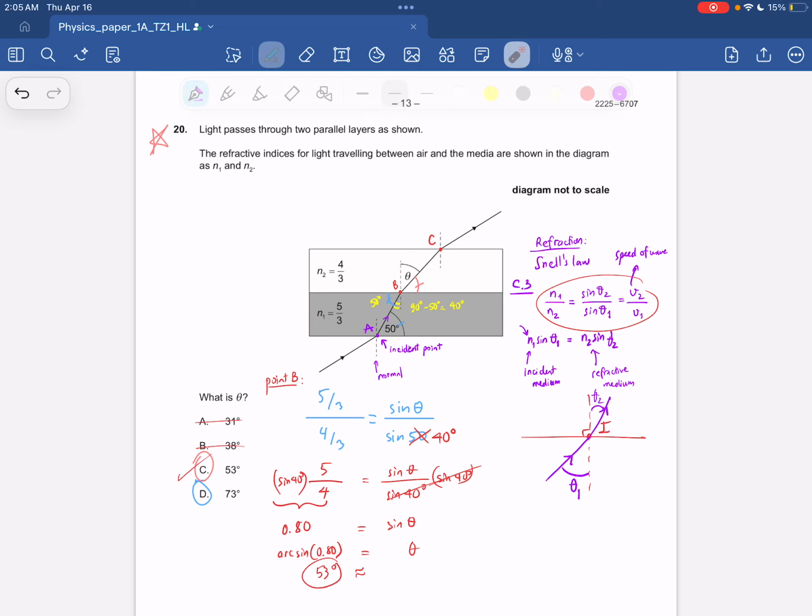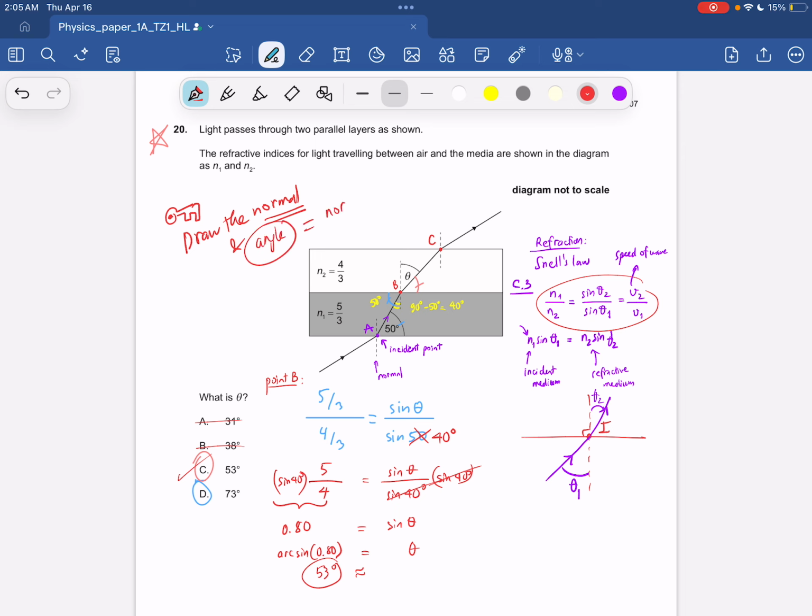So I think the keyword to solve this is: draw the normal to the interface, and the angle is between the normal and the ray. Yeah, so that's the point. Thank you. Please let me know if you have any questions.